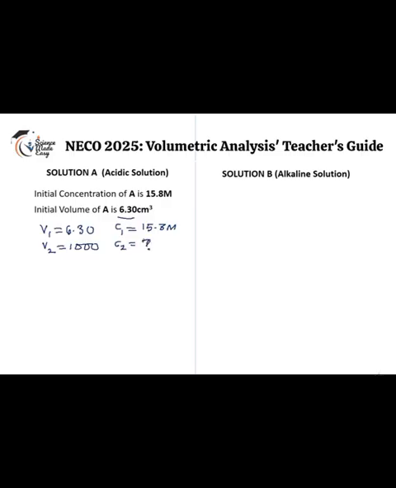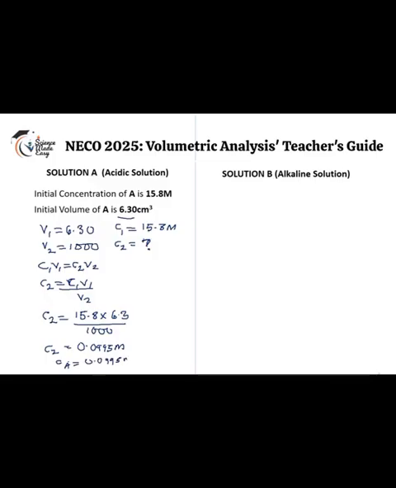Now, using the dilution formula, C1V1 is equal to C2V2, I have C2 is equal to C1V1 over V2. Therefore, C2 is equal to 15.8 times 6.3 divided by 1000. Therefore, C2 is equal to 0.0995 molar. This C2 is Ca. Therefore, Ca is equal to 0.0995 moles per dm³.